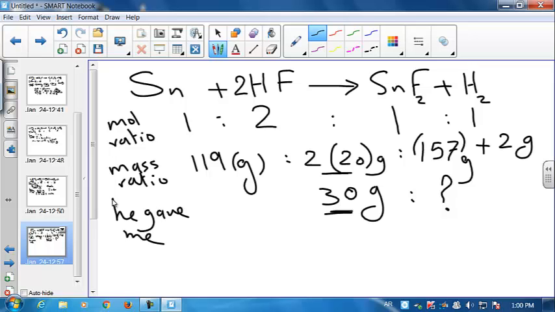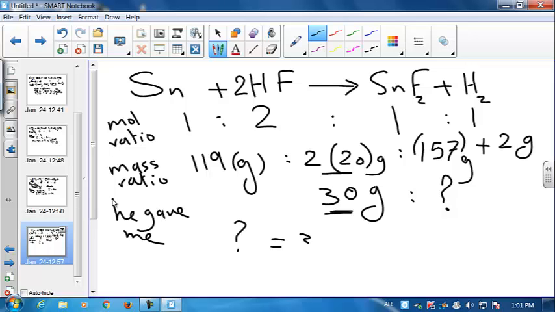So I say 40 gram of HF gives 157 gram of tin fluoride, which is 2 moles of HF giving 1 mole of tin fluoride. So if I don't have 2 moles, if I don't have 40 gram, I have only 30, how much tin fluoride will be produced?